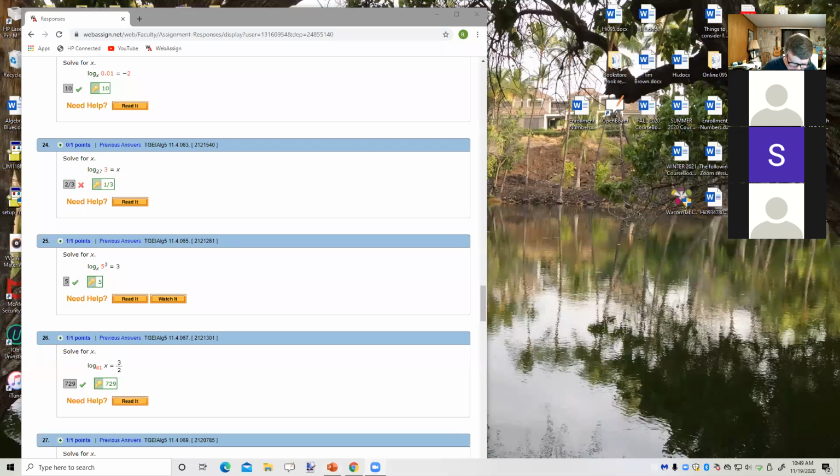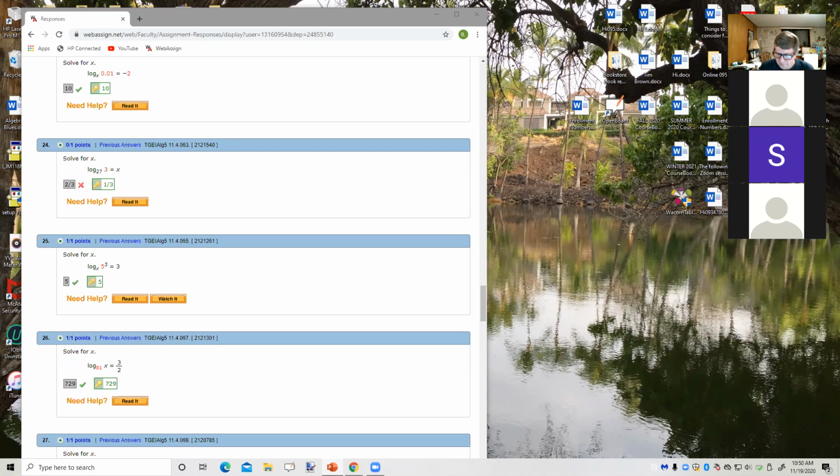This goes back to the idea of changing back and forth. So this is back in 11.4, but I just want to take a look at number 24. It says solve for x. Log base 27 of 3 equals x. So if you change this to an exponential equation, you get 27 to the x power equals 3. On the right side of the equation, I basically have 3 to the 1 power.